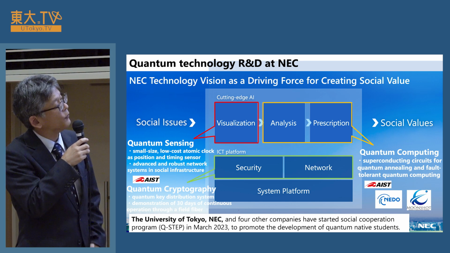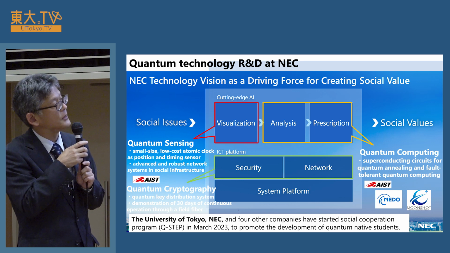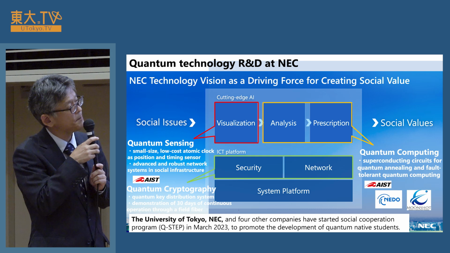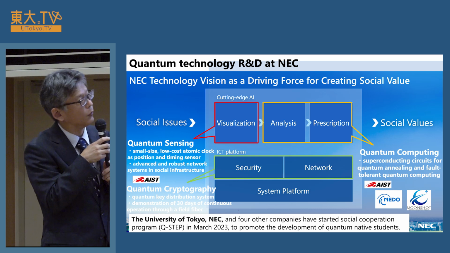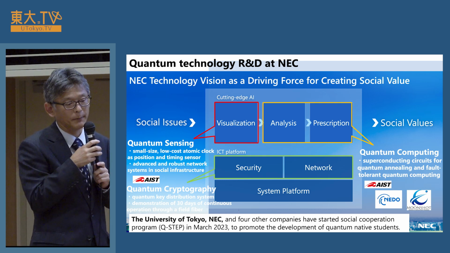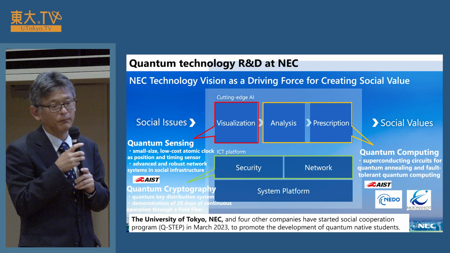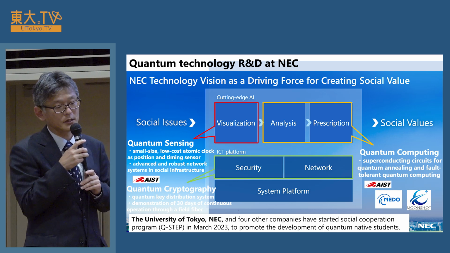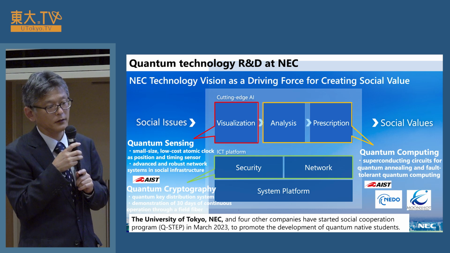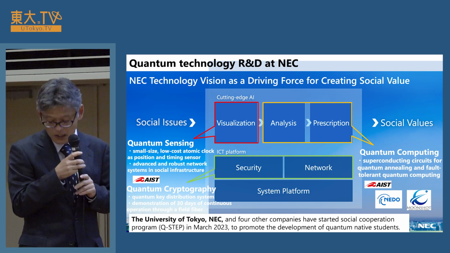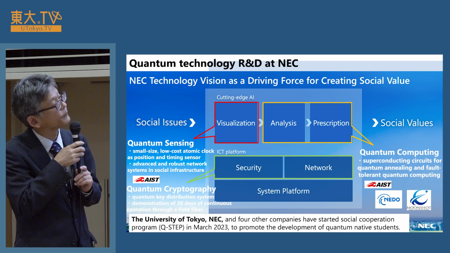As for quantum computing, we have been working on hardware development based on the superconducting circuit system. More specifically, we are developing a quantum annealing machine aiming to solve various kinds of optimization problems which exist ubiquitously in society, but are also known to be very difficult to solve when the problem size becomes large with present computers.